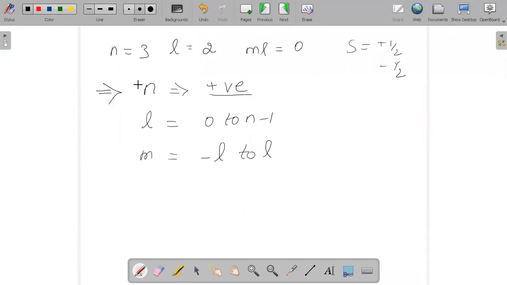For that, you should know the rules and the relation between each. Quantum numbers are very, very important, and somewhere or the other you will come across these types of questions. That is why I have done an additional session on this.